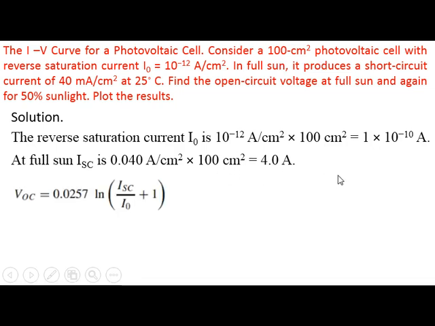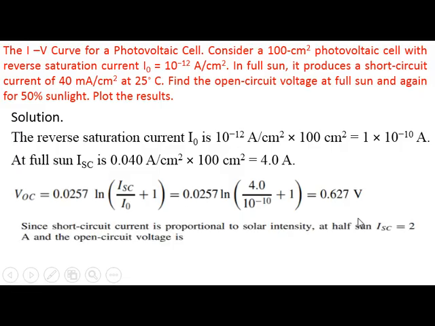In our open circuit voltage formula, we substitute the ISC and I naught values, and we get 0.627 volt.